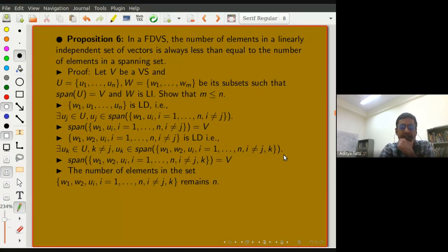Since we are just replacing one element by another, the number of elements in the spanning set still remains n. Now the question is, can we have more linearly independent vectors than the number of elements in the spanning set? If we continue to replace u's by w's, and if there are more w's than u's, what will happen?